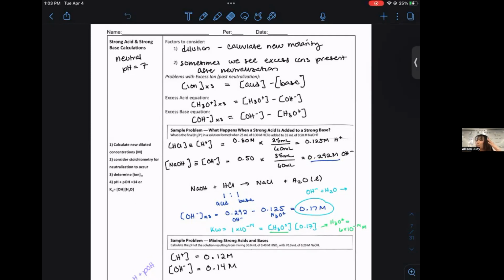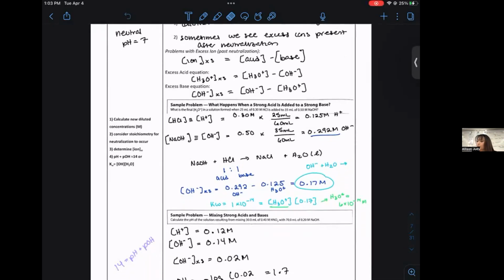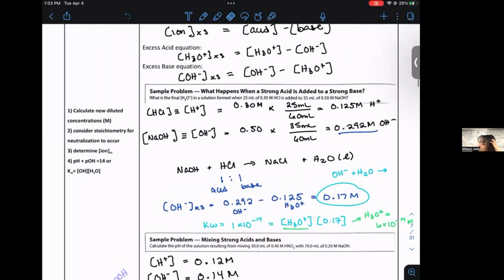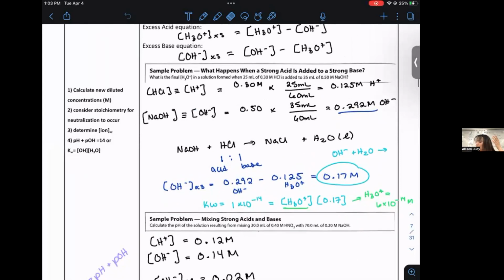But it ends up being, for the most part, really straightforward at the neutral point. That is when you reach your completed reaction. You don't have any excess. But sometimes we do get excess. And so the question was, what happens when we have excess strong base or acid left over past neutralization? We did a really basic mathematic process, but what we really cared about is what the resulting pH or pOH would be, depending on what perspective you look at, but we tend to prioritize pH.